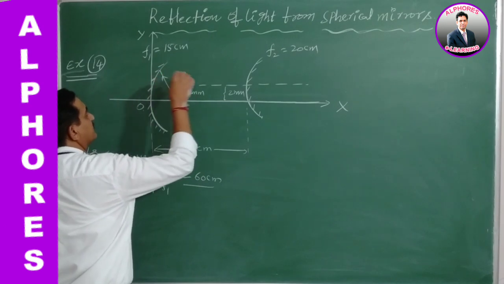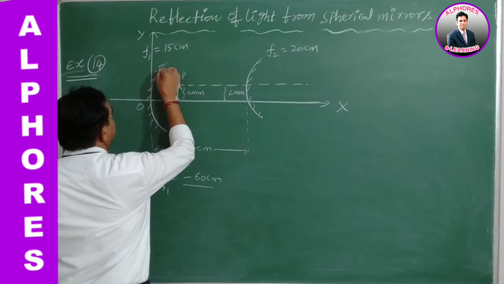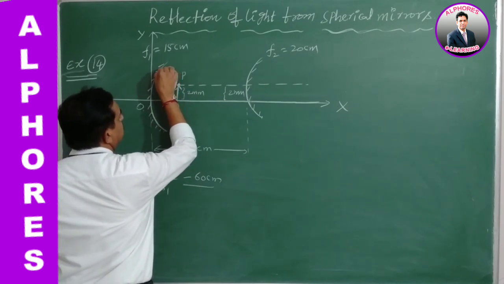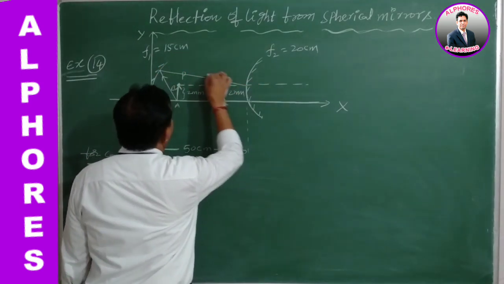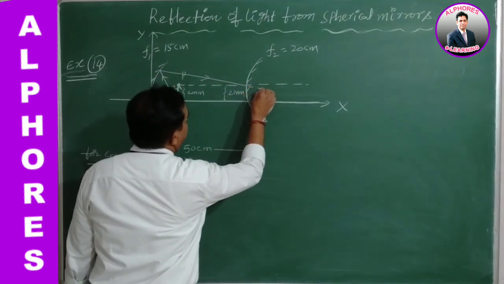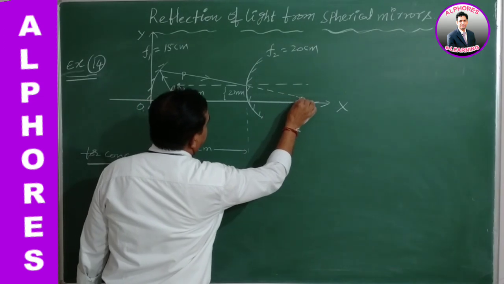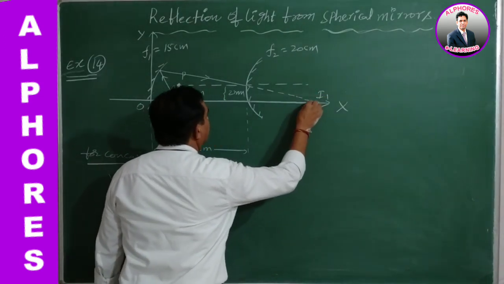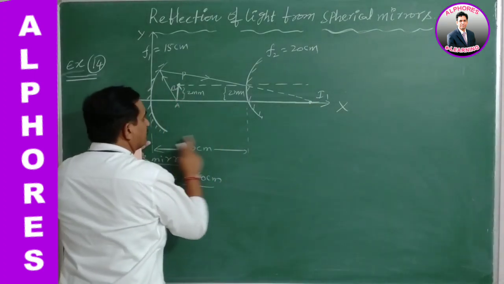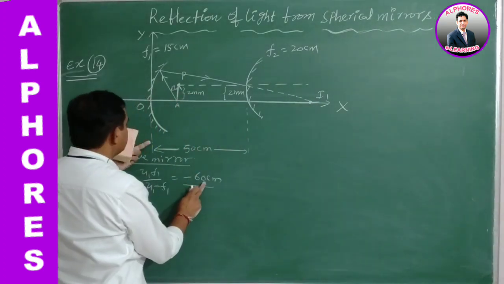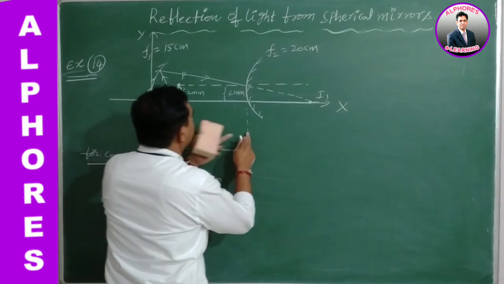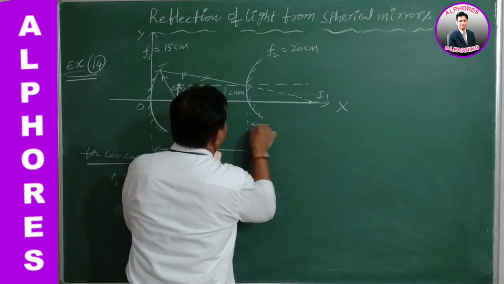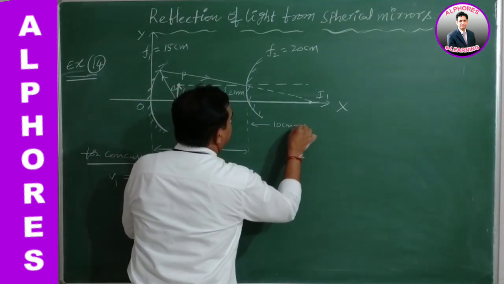On incidence, it undergoes reflection, and its corresponding image is formed somewhere here. This is the first image I1. So from here to here is 50, actually 60 centimeters. From here to here 50 and the remaining 10 centimeters. Okay.